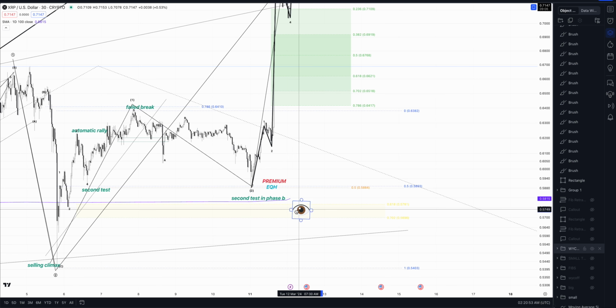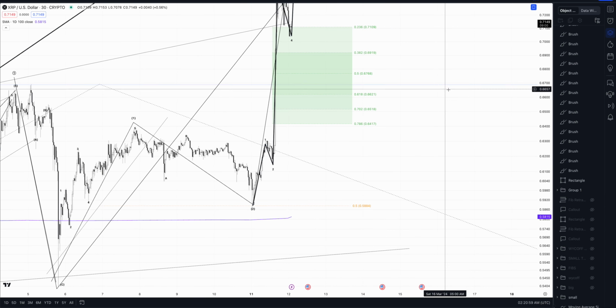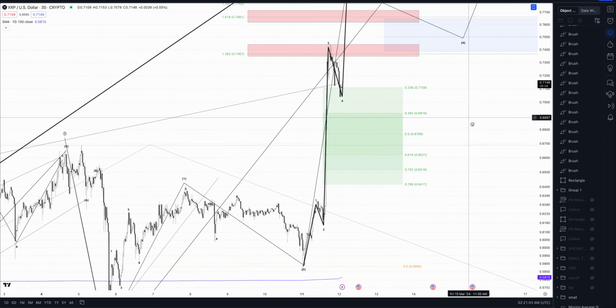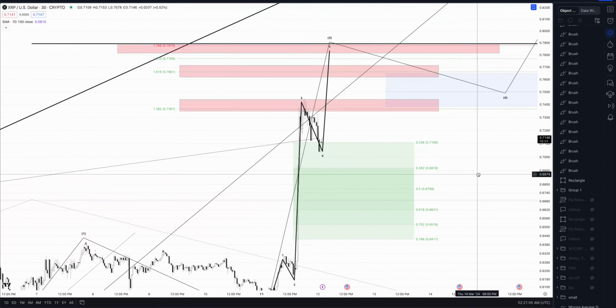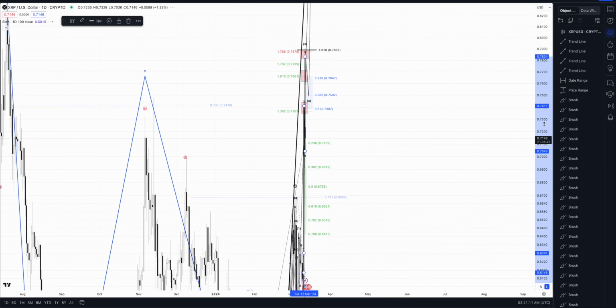We didn't quite get down here, but we did wick down into equilibrium before we had an explosive move to the upside. So this over here would be, now we're starting our wave 3, and we rejected off of the 0.702 on the daily time frame.